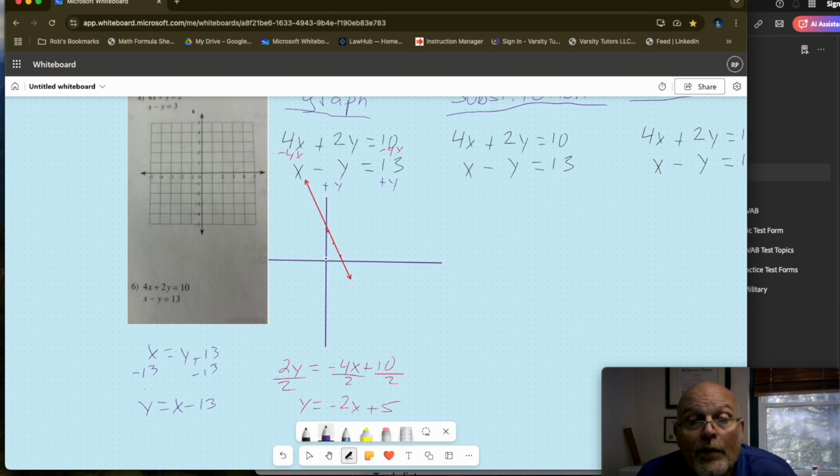So here I'm going to go down 13. 1, 2, 3, 4. Let's say that's about there. And then I'm going to go up 1 over 1, up 1 over 1, up 1 over 1, and draw my line.